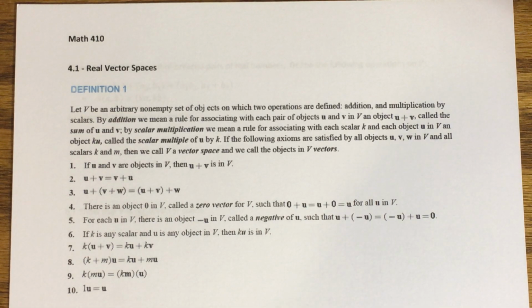So let's talk about what we mean when we talk about a vector space. First of all, from chapters 1 through 3, we've been developing, among other things, the concepts of matrices and what we've been calling vectors in Rn, in n space.